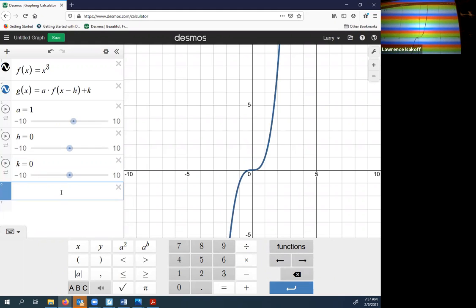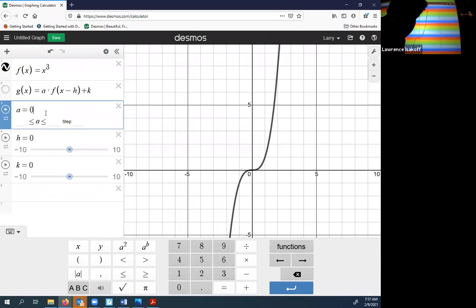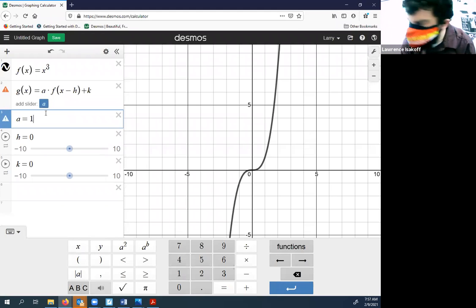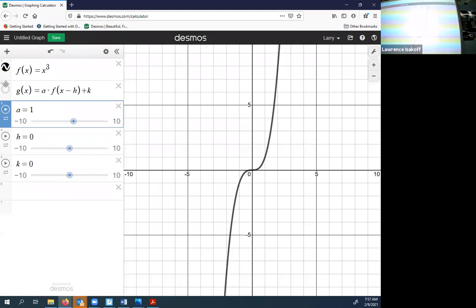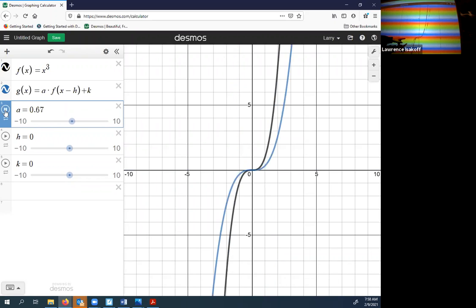So notice the blue graph and the black graph are the exact same right now. As I hit play on A, oh, sorry, I thought I had that function on. Get that back to 1. Okay, let's actually have that blue function on. When I hit play, we notice when A goes into the negatives, it flips.